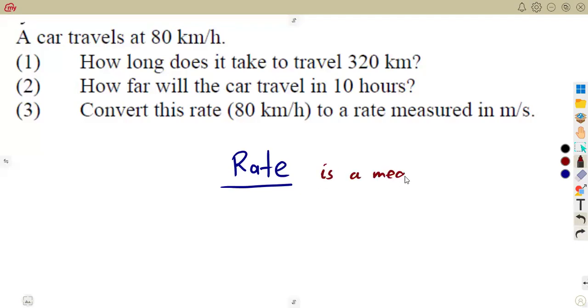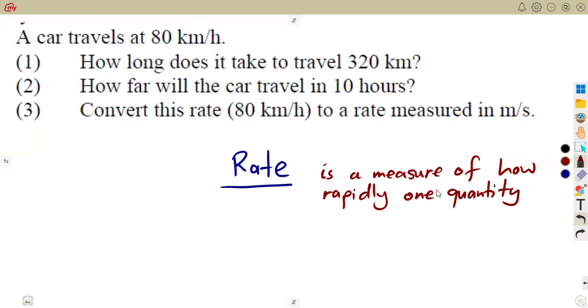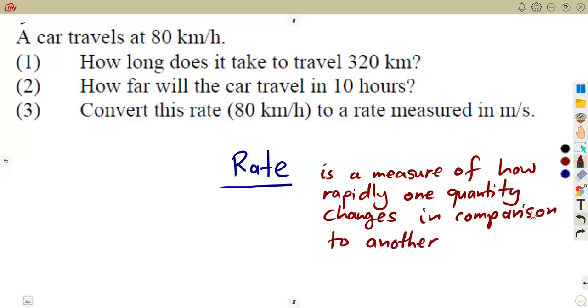It is a measure of how rapidly one quantity changes in comparison to another, meaning to say it is compared to another quantity.